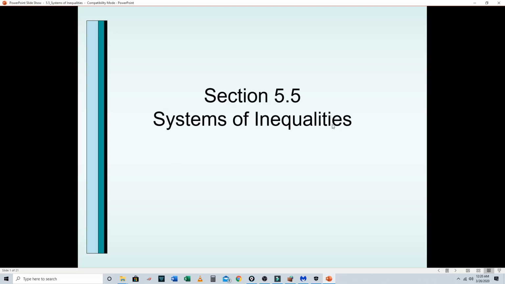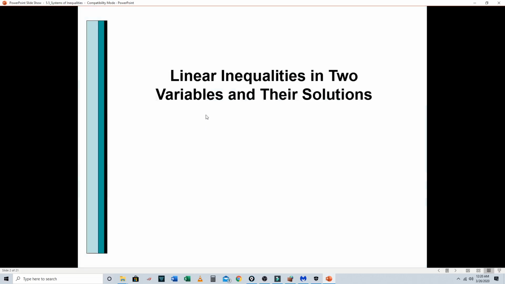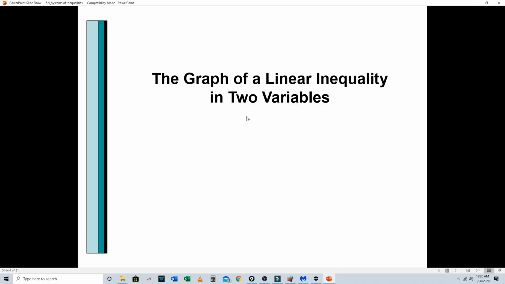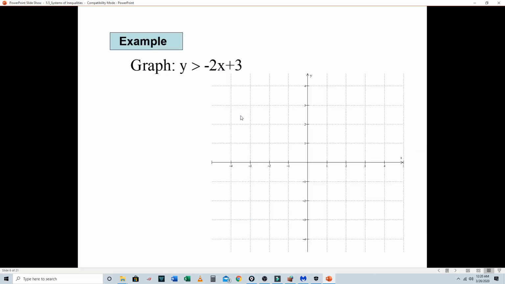So systems of inequalities. What we're going to do is first just start by graphing inequalities. So here we're going to graph this inequality. If you remember, graphing an inequality means shading. Let's write over here the rules.